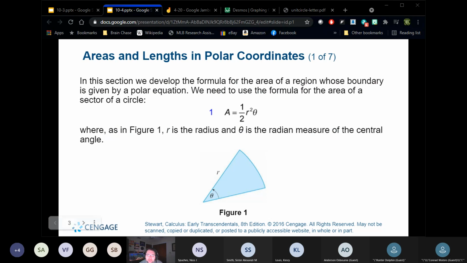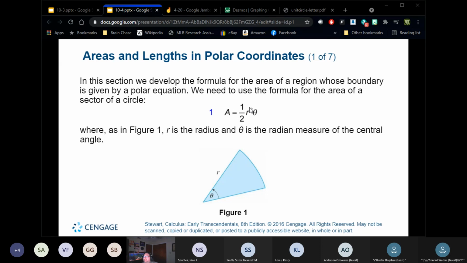So when we're looking for the area of a circle, it's pi r squared. When we're looking at it in terms of radians, with the theta in there, it's pi r squared, but that theta is going to go all the way up to 2 pi. That's where the 1/2 comes in.